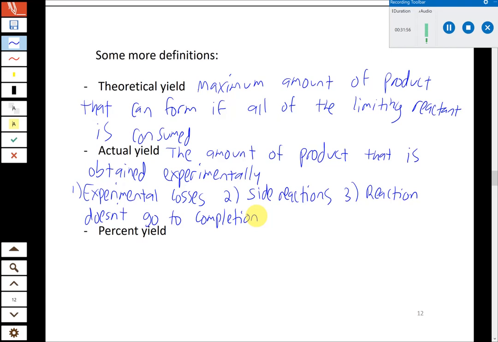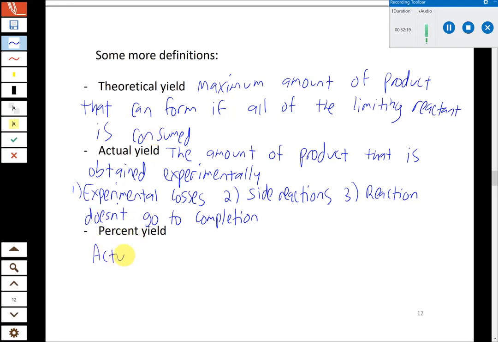You're going to get some product, but you're going to have some reactants left over, and they're going to sort of stay there and not go all the way until the reactants are completely gone. So there's a few reasons. We're not too terribly concerned with this in this course of why you don't get the theoretical yield, but these are the reasons, and basically the idea is that the actual yield is in almost every case going to be less. And then the way that we would quantify this is with percent yield.